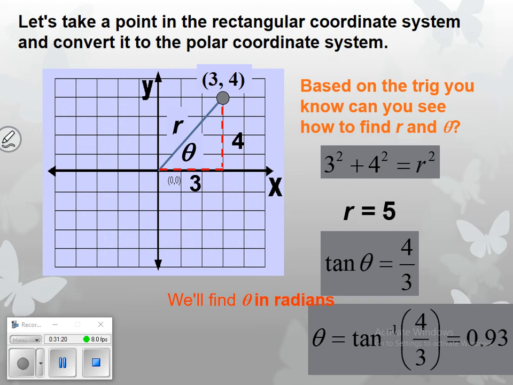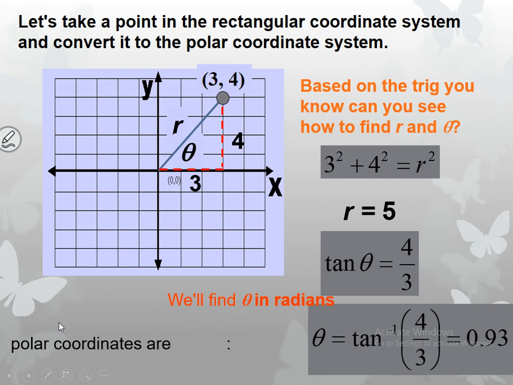So then we've got our r and we've got our theta. We write our answer: polar coordinates are (5, 0.93). Now that looks eerily similar to a rectangular set of ordered pairs, because there is no degree symbol there.